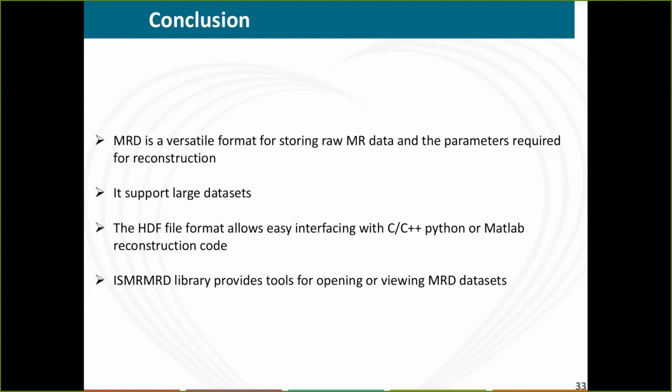I think there may be some problem for people unmuting, but there is a question on the chat. The question is: is trapezoidal regridding implemented in the Gadgetron? And the answer is yes.